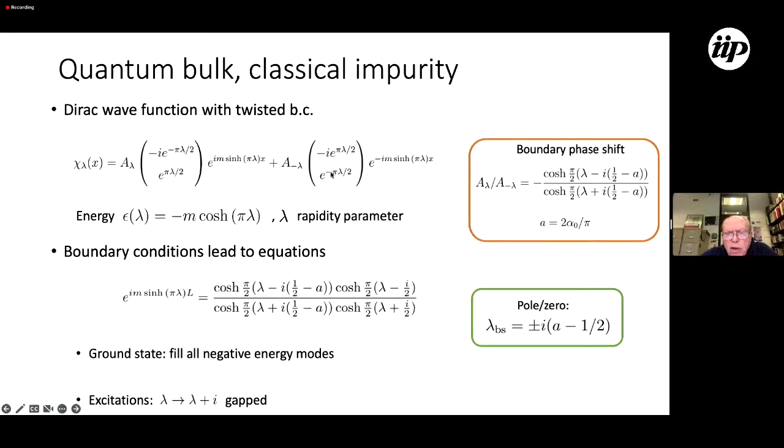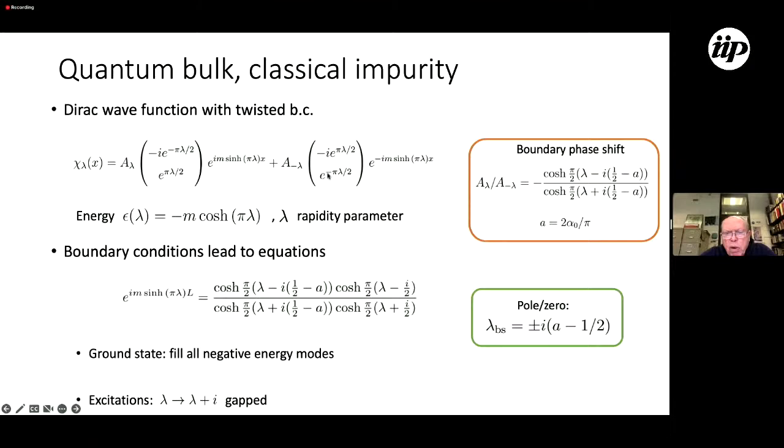These are the various solutions of the Dirac equation with energy epsilon lambda equals minus m cosh pi lambda. Lambda is a parameter, we call it the rapidity parameter. And we have a boundary phase shift at the position of the impurity.